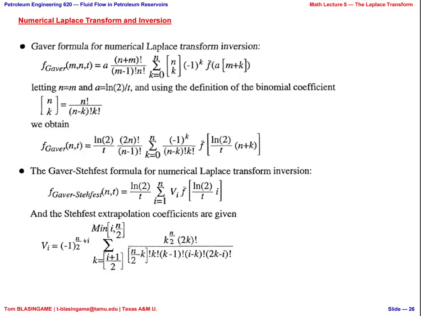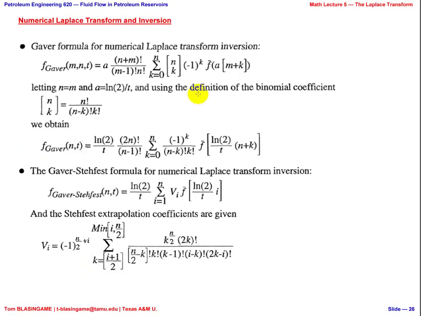It basically says that you are going to evaluate your function in the Laplace space with s being equal to the natural logarithm of 2 over t times this. This n over here, you may think it is related to the accuracy, but it is not necessarily.